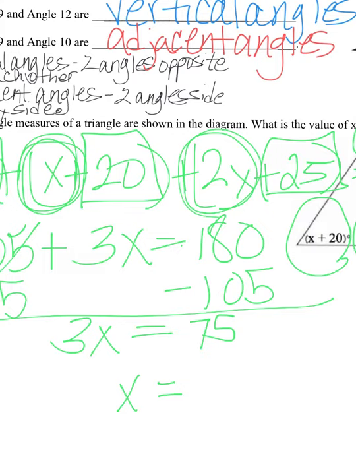Now it is a one-step problem where you have to get the 3 away from the x. Because there's no plus or minus there, that's multiplication, so you have to do the opposite, which is divide. If you divide one side by 3, you have to divide the other side by 3. The 3's cancel. X is now by itself. Think about money here. 3 quarters, 75 cents. So 3 goes into 75 25 times. So the value of x is 25.